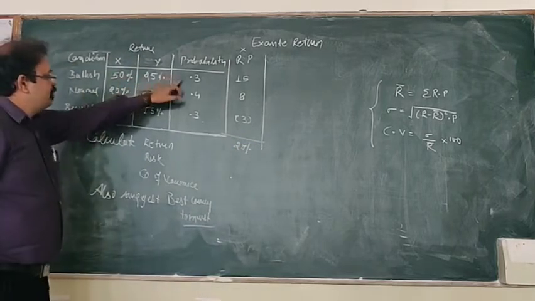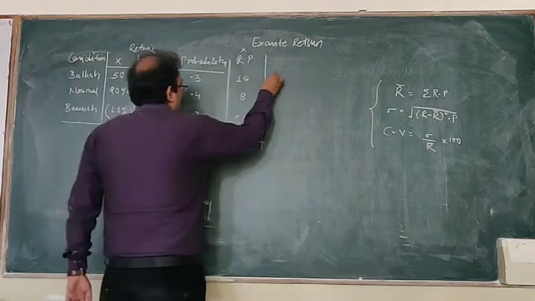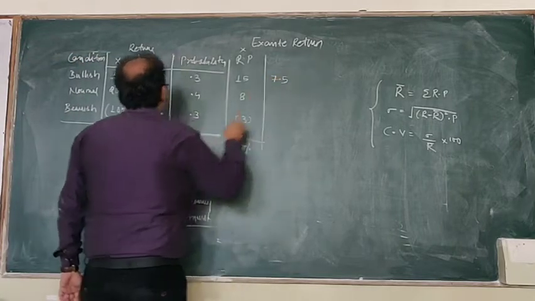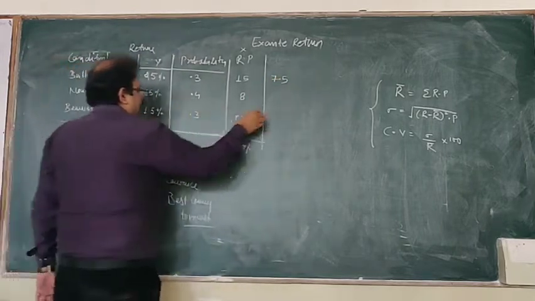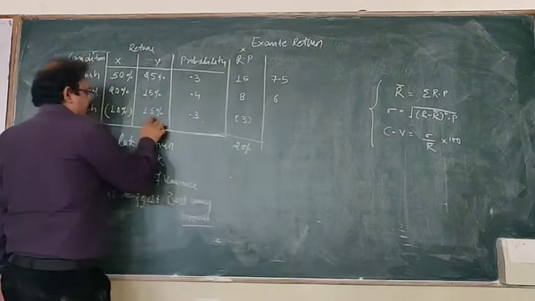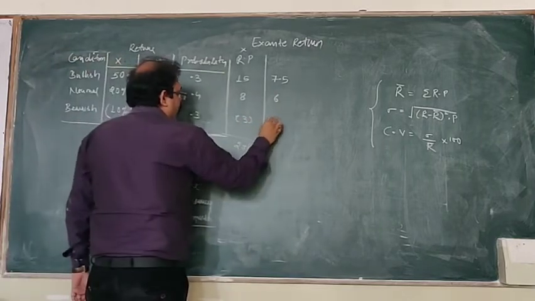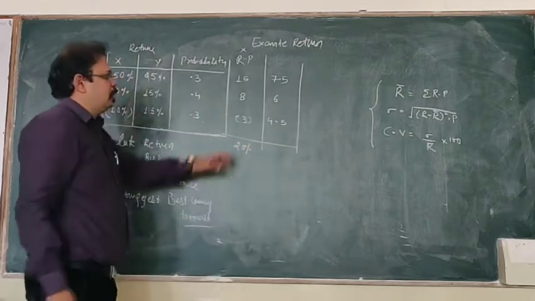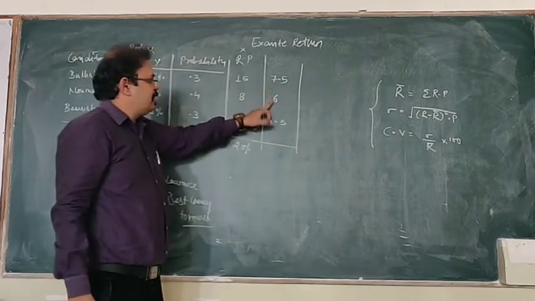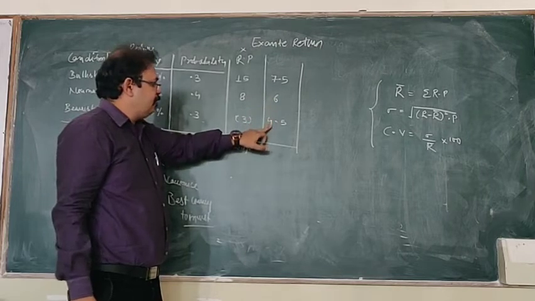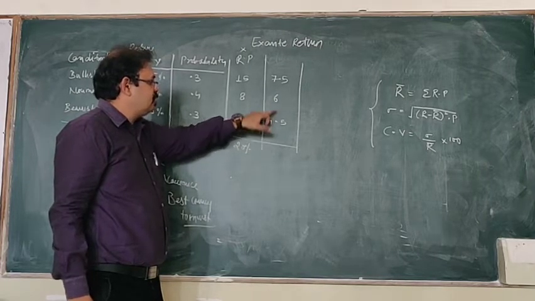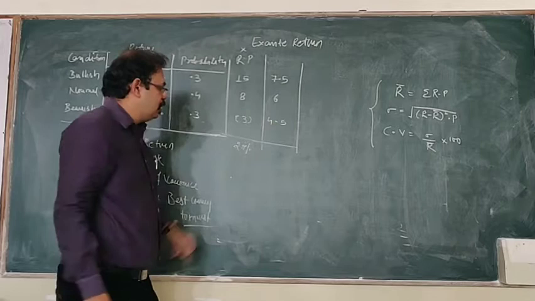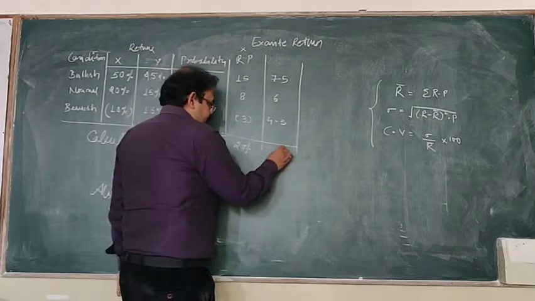Now for Y: 25 3s are 7.5, 15 4s are 6, 15 3s are 4.5. So 7.5 and 6 is 13.5, and 4.5 more makes 18%.